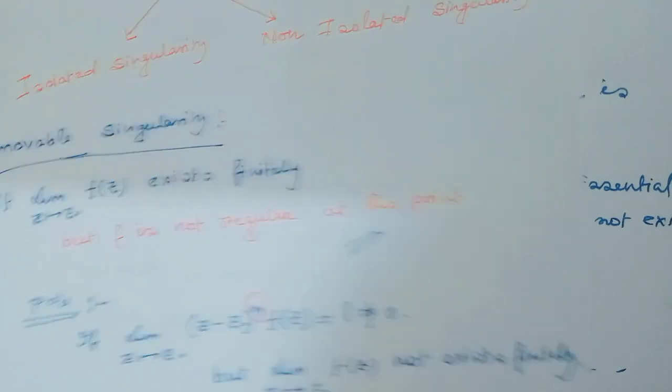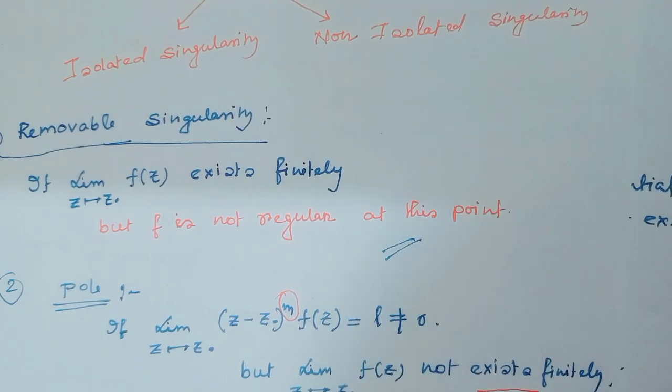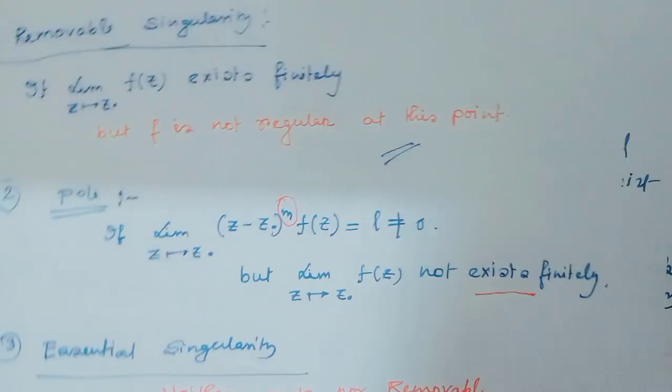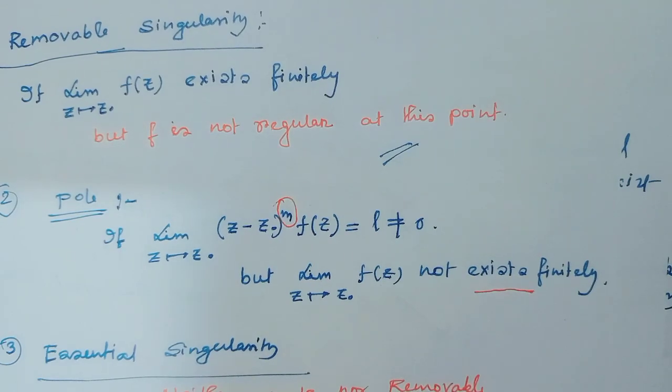But if limit z tends to z naught of f(z) does not exist finitely, then at the point z equal to z naught the function f(z) has a pole.